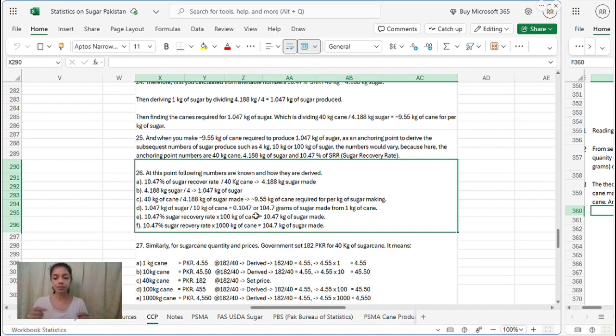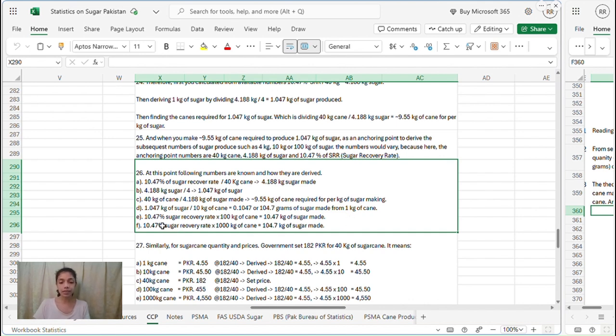So the number that we got here is 104.7 grams, which is spread across, which is equivalent to 1 kg of cane. It means 1 kg of cane, one stick of cane produces 104.7 grams of sugar when the sugar recovery rate is 10.47%. If the sugar recovery rate is different, it's going to be different.